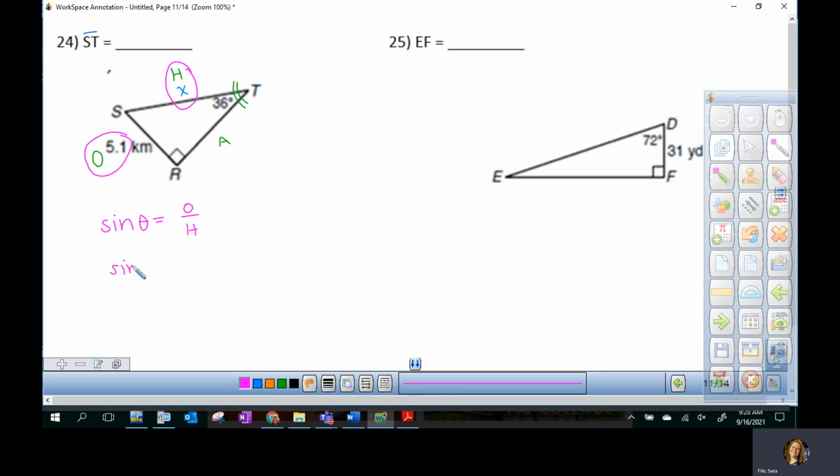Now when I plug in what I know, the angle, that's 36. It's the denominator that I'm missing. When it's the denominator that's missing, what do we end up doing? Divide. Remember, these two just end up switching spots, the sine of 36 and the x. So x is 5.1 divided by sine of 36.